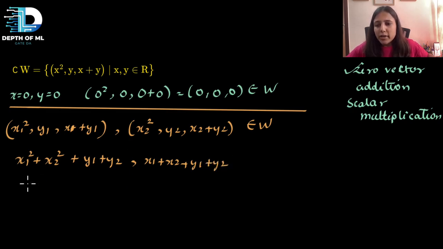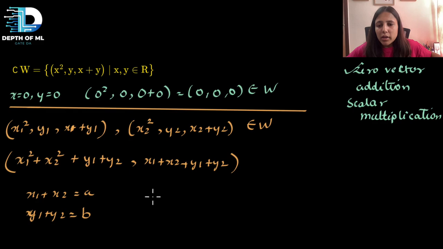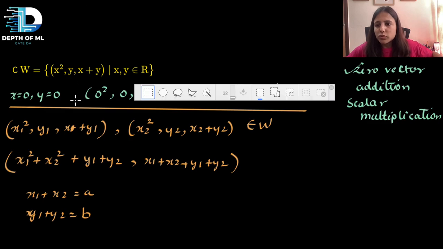Okay. Now let me assume that x1 plus x2 is equal to a and y1 plus y2 is equal to b. Now observe this very carefully. So this is the addition, right? Now here, can I write this particular part? So this is first of all not a plus here. This is a comma.